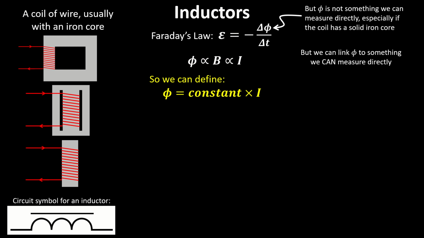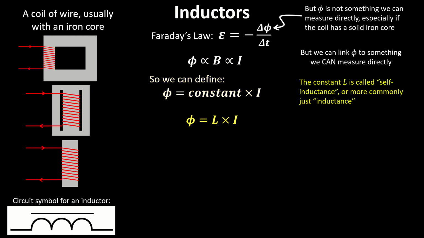And for that constant, we use the symbol L. It's called self-inductance, is the name of that constant. More commonly, we just call it inductance. The unit for inductance is actually Webers per amp, which is Tesla meters squared per amp, and it's getting more complicated now.